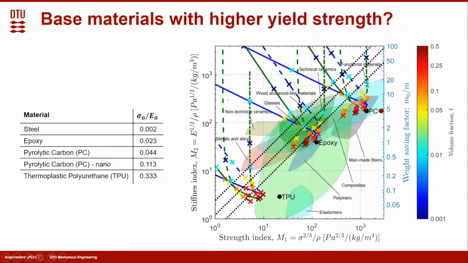If we build the optimal beam with a different microstructure, with a different base material, how do they perform? These figures summarize the corresponding performance. We can see different base materials may lead to different transition points between truss and plate optimality.